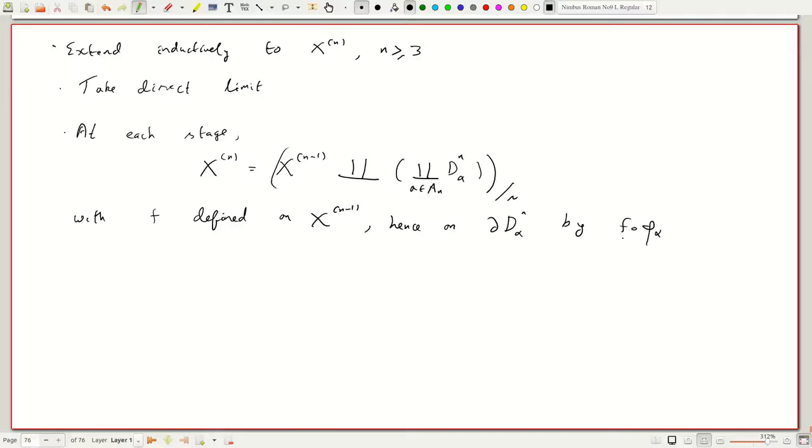Here this f is the previous thing, so this is really f restricted to Xn minus 1 composed with phi alpha. Okay, so it's already defined on these.